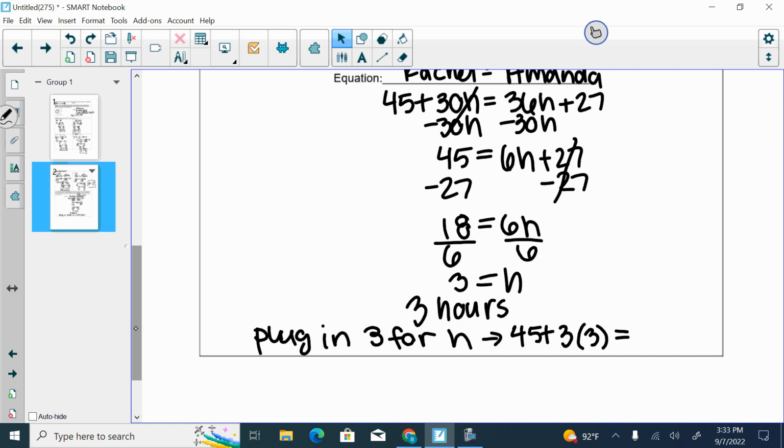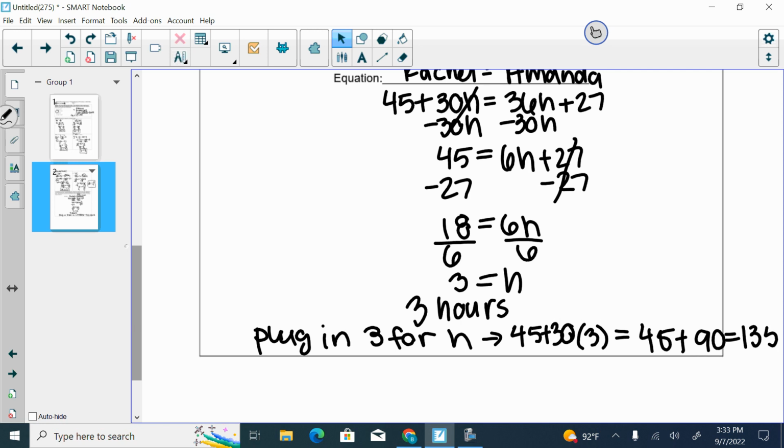Which one comes first? Multiplication, right. So 3 times 3 would give us 9. So I have 45 plus 9, which is, oh, sorry, it's not 3, that's 30. I'm sorry, y'all. I didn't read the question very well, did I? Okay, 30 times 3, which would be 90.